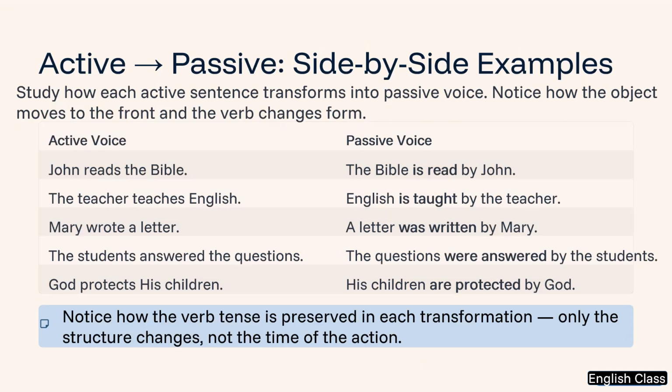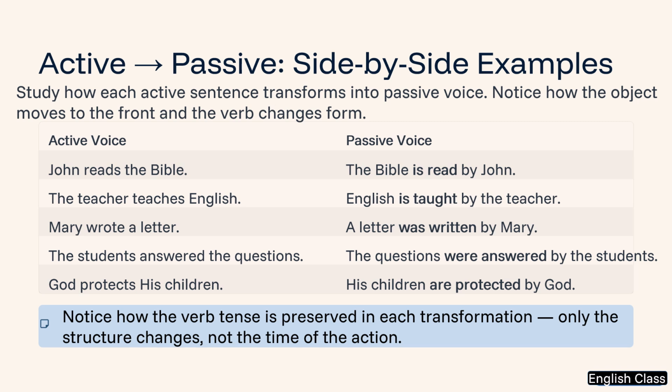Good. So let's talk about active and passive side-by-side examples. We have studied how each active sentence transforms into passive voice. Notice how the object moves to the front and the verb changes form. You see, there is a movement of the object to the front and then the verb changing its form.